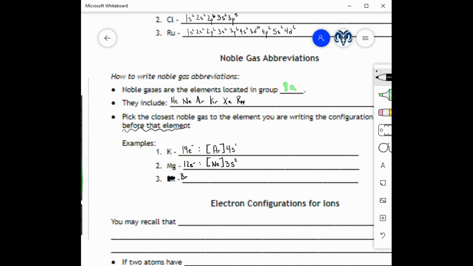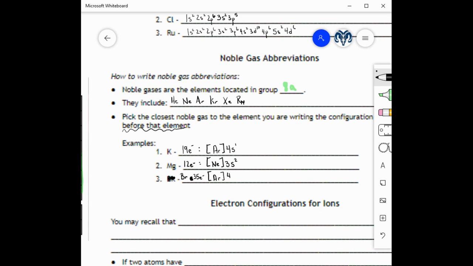Bromine's a good one because it trips people up. Bromine has 35 electrons. So I need to look at the noble gas before that. A lot of people put krypton, but krypton is after. So I have to go all the way back up to argon. Then I have to write from there.